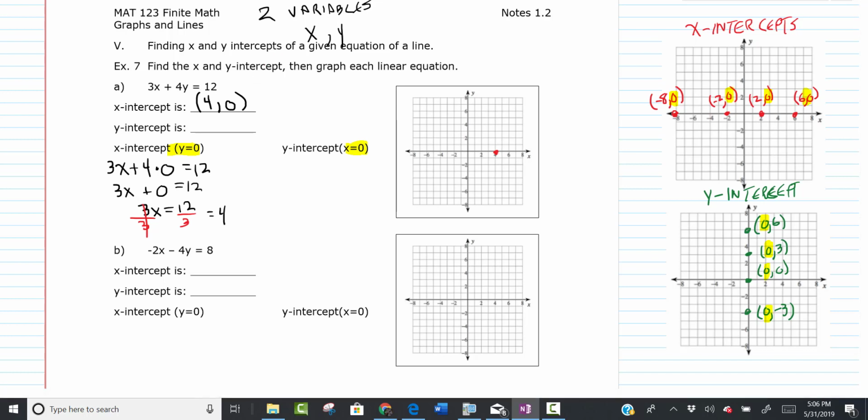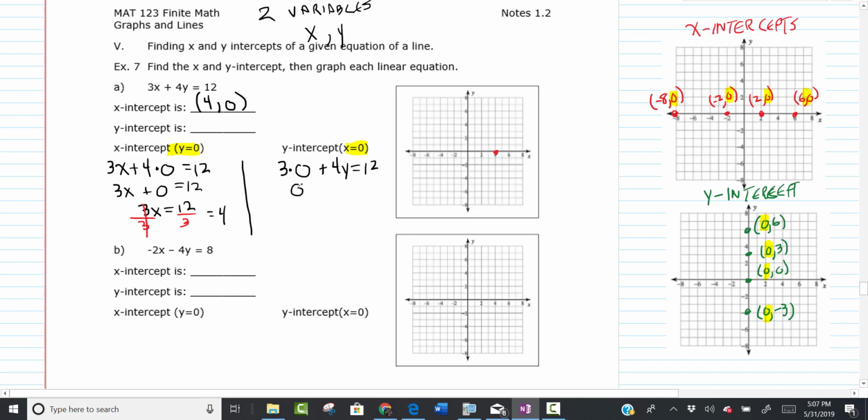When you move on to finding a y-intercept, you let x be 0. So you take your equation, 3x plus 4y equals 12, but you let x be equal to 0, then you solve. That's 0 plus 4y equals 12, so 4y equals 12. You can do this in your head.